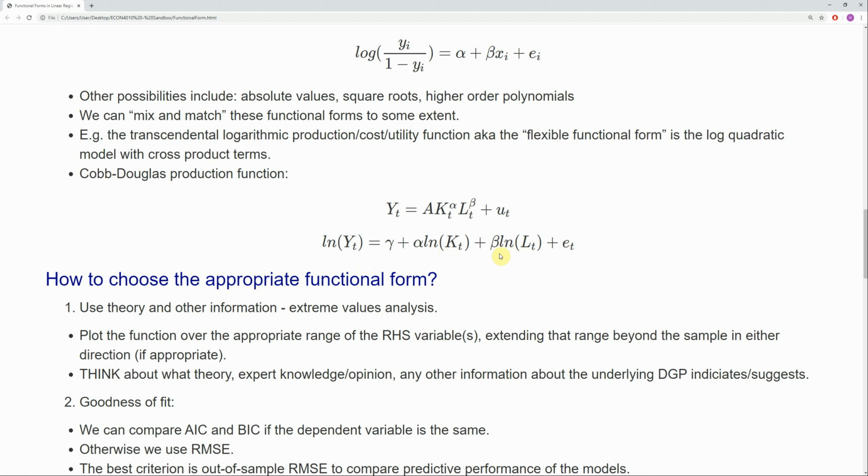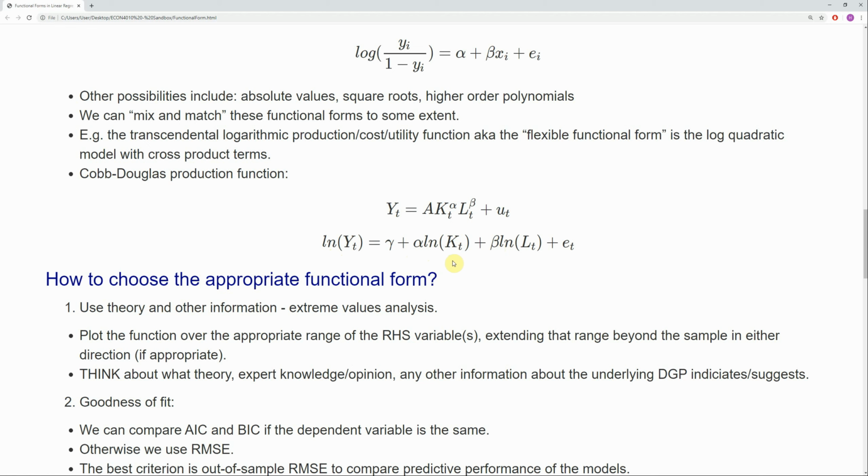As we see, if labor has a higher portion in giving you a higher level of production, beta should be higher, and if capital is going to have a relatively higher effect on your production, alpha should be higher.